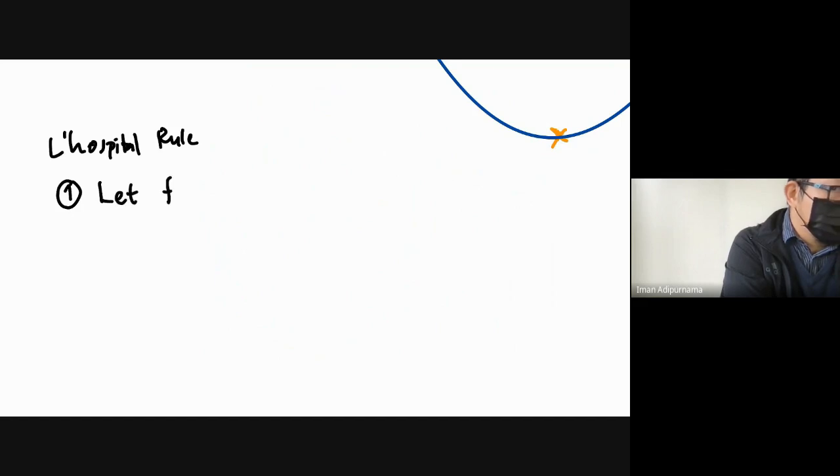But let me write L'Hopital's rule first. Let f of x and g of x both be differentiable and continuous.